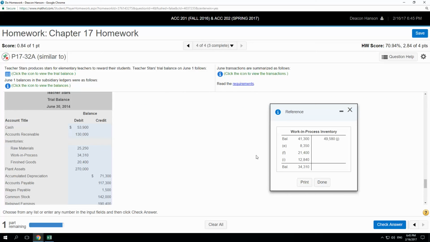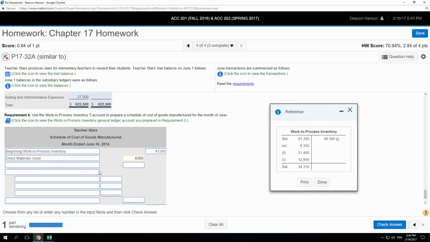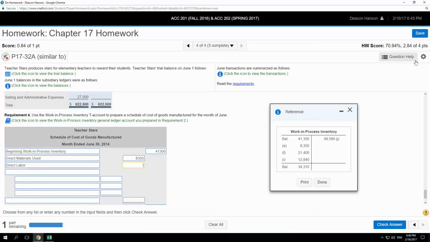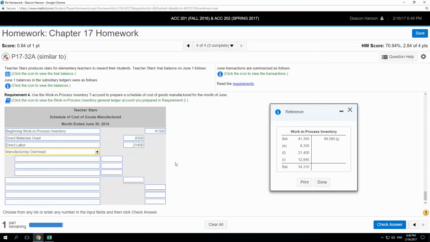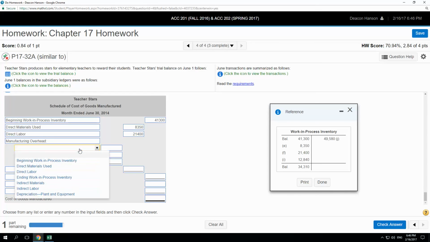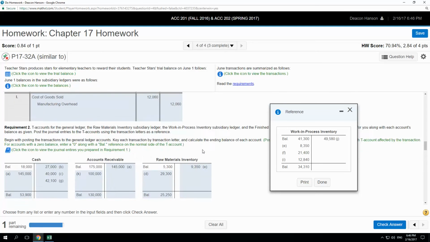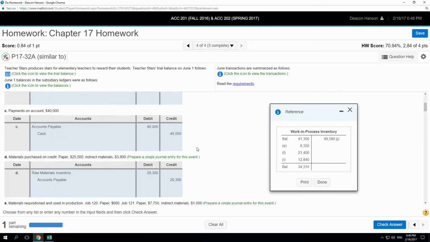Okay. So we'll go direct labor from item F. And we're going to have manufacturing overhead, and they want us to break it down. We had 3 things that I can recall, but we might want to look at the journal entries.